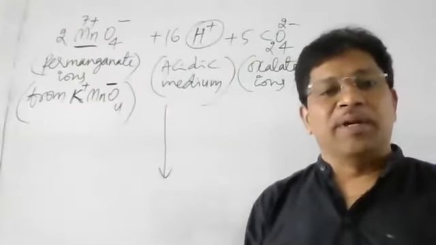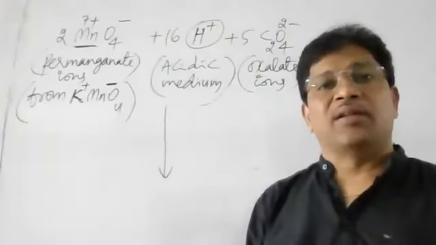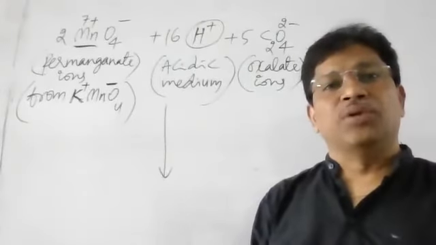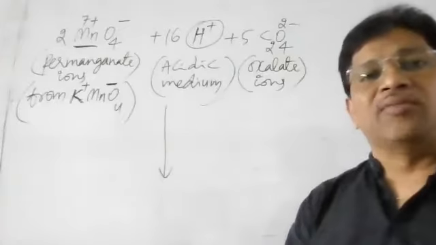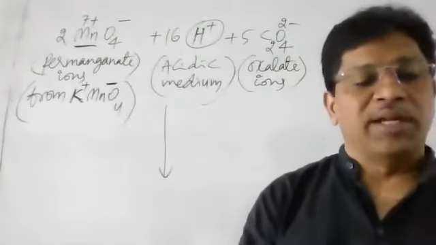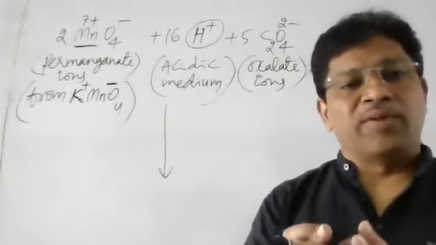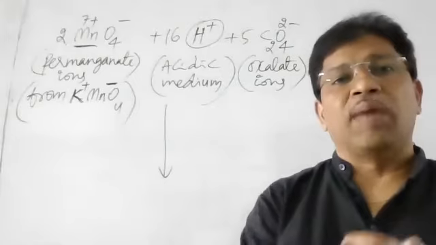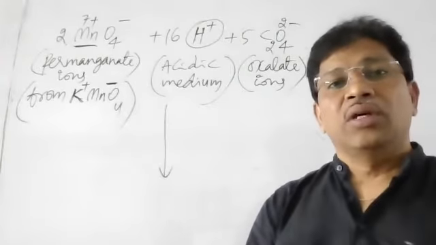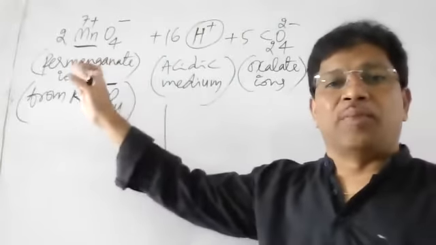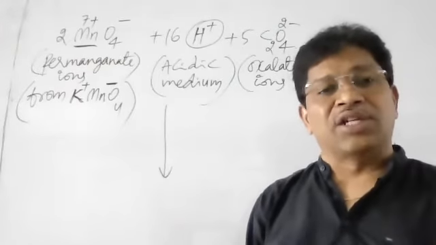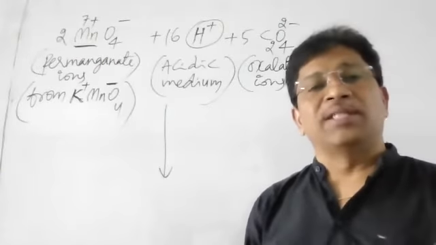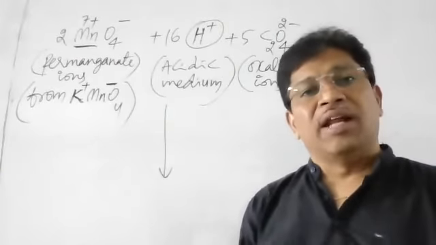In acidic medium, Mn+7 ion reduces to Mn+2. Mn+7 converts into what? Mn+2. That means Mn+7 is reduced to give Mn+2. So the MnO4 minus ion, the permanganate ion, is itself undergoing reduction.